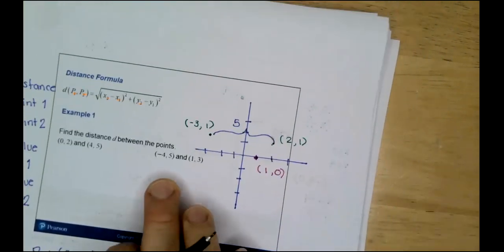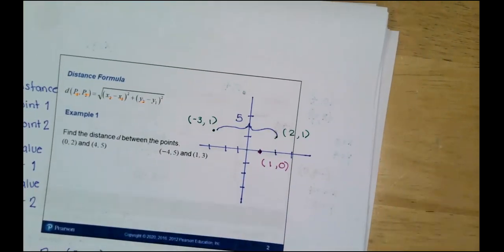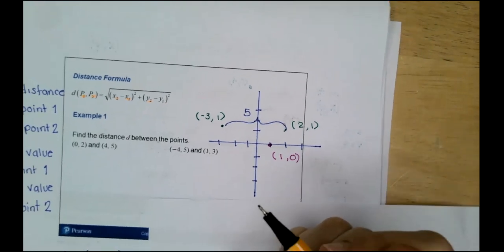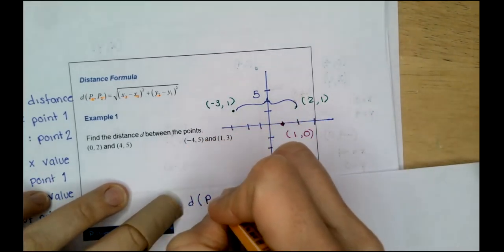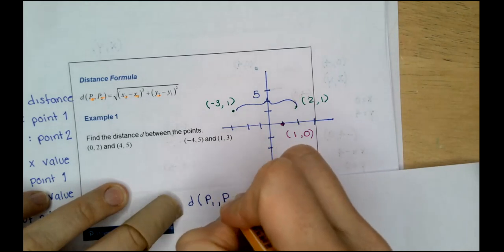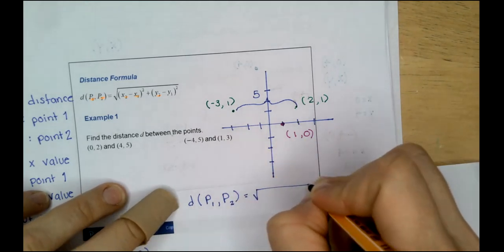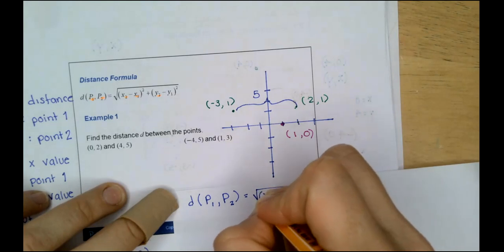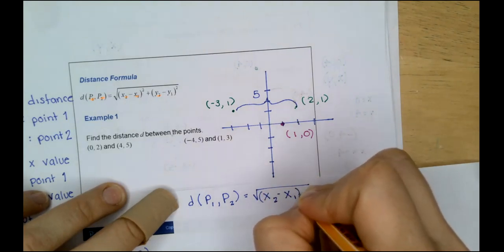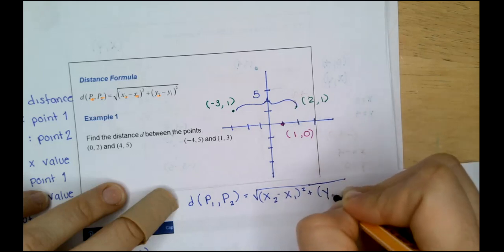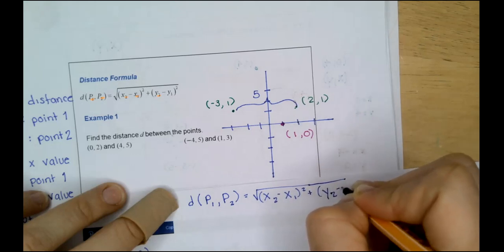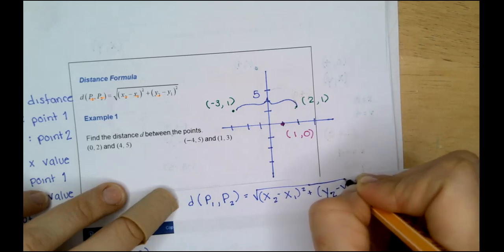Next example was -4, 5, and 1, 3. Can't believe I already ran out of space. Same formula, okay? The distance between P1 and P2 is the square root of (x2 minus x1) squared plus (y2 minus y1) squared.